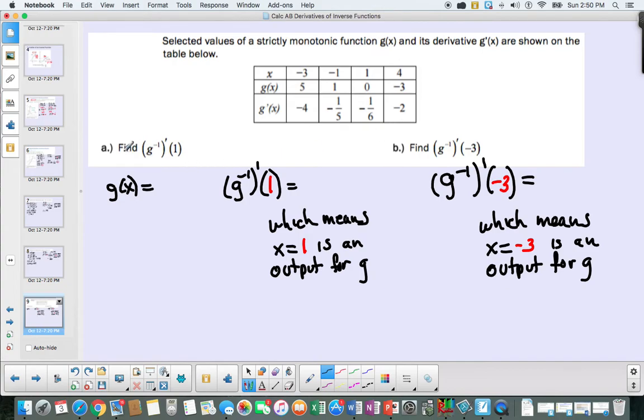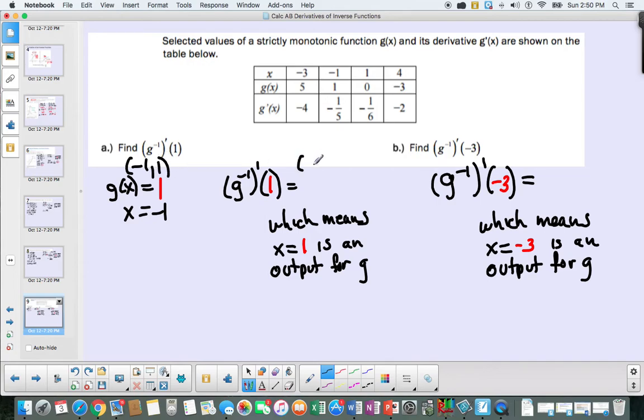All right, we want to find the derivative of the inverse of g at 1. The derivative of the inverse of g at 1, which means 1 is an output for g. So this is going to be 1, and that's going to help me find here at 1, if the output is 1, then x must have been negative 1. So this point is negative 1, 1.